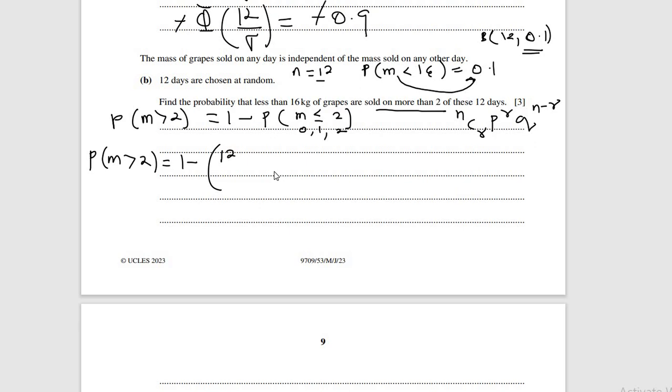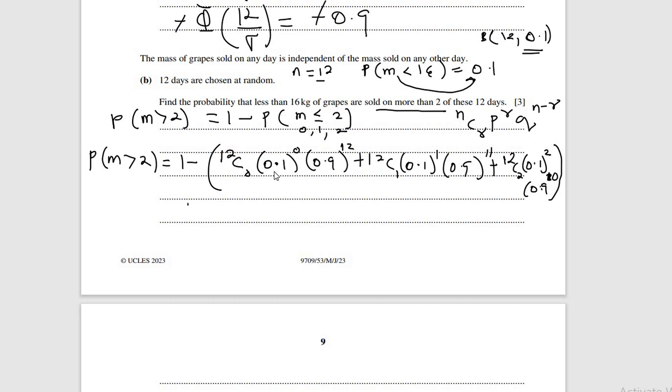Our first r is 0: 12 combination 0, probability of success 0.1 raised to the power 0, failure is 1 minus 0.1, that's 0.9, raised to the power 12 minus 0, that's 12. Plus 12 combination 1, 0.1 raised to the power 1, 0.9 raised to the power 11, plus 12 combination 2, 0.1 raised to the power 2, 0.9 raised to the power 12 minus 2, that's 10.